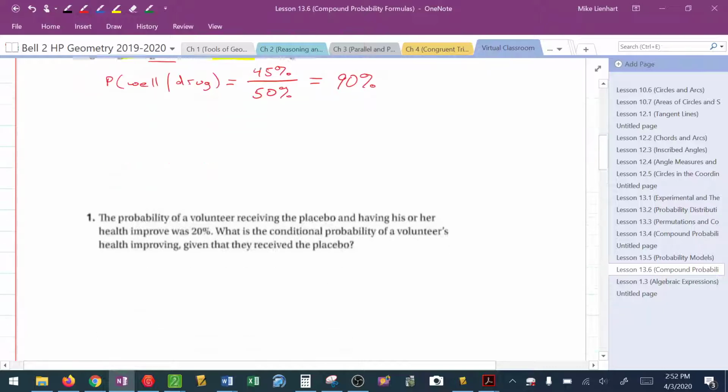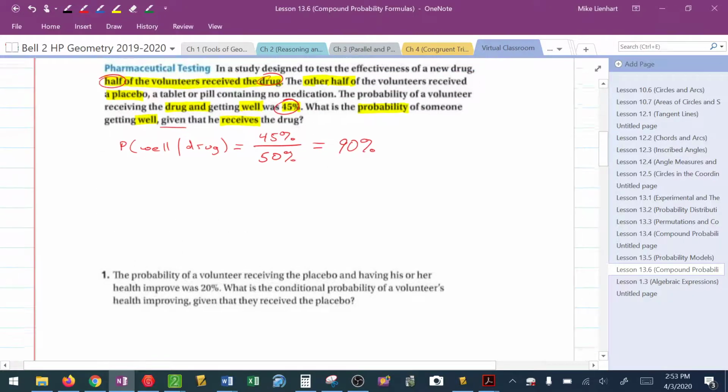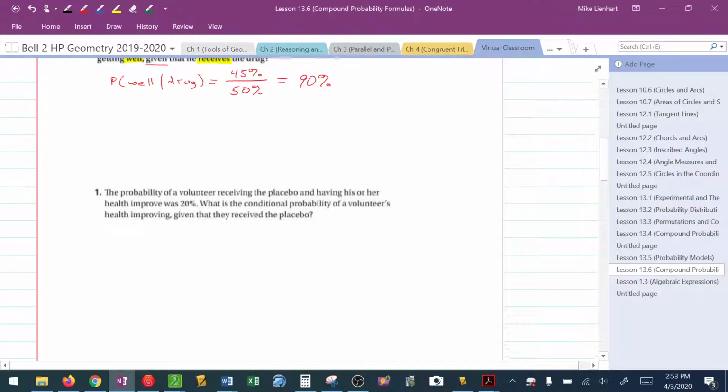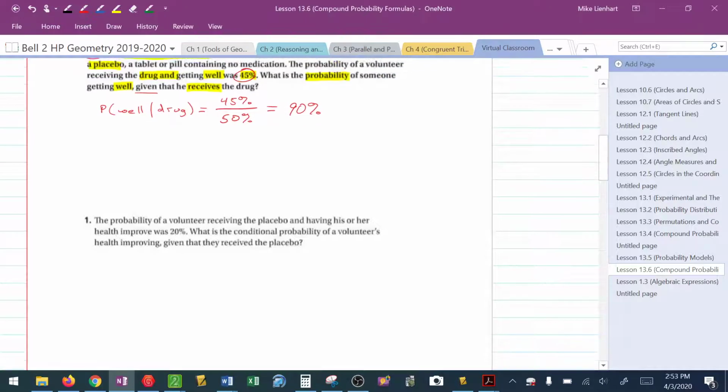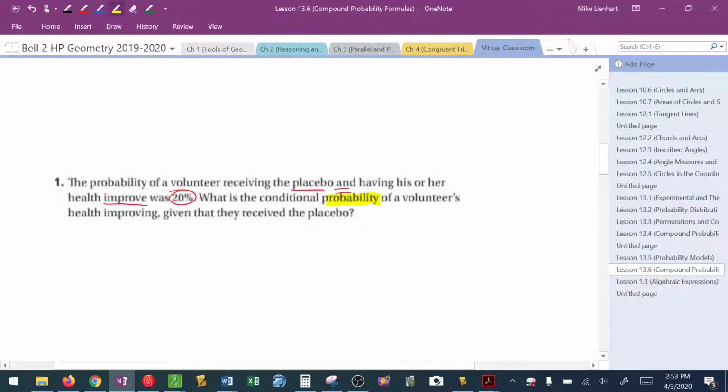All right, how about the probability of volunteers? We're using the same scenario as above, but now the probability of receiving a placebo and having his or her health improve was 20%. They want us to figure out the conditional probability of a volunteer's health improving given that they got the placebo.